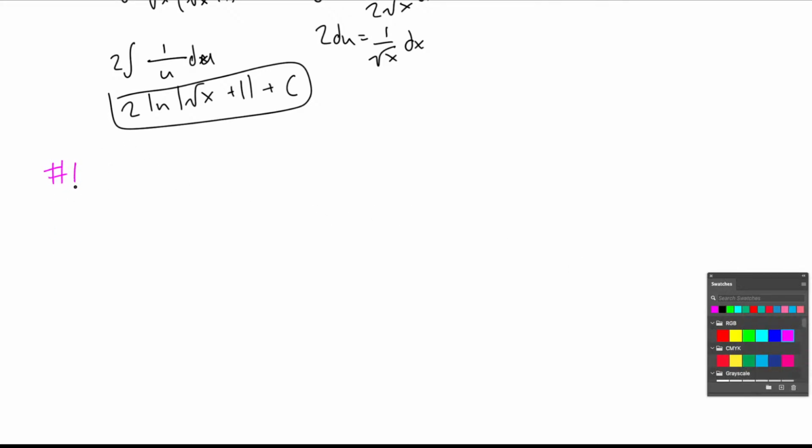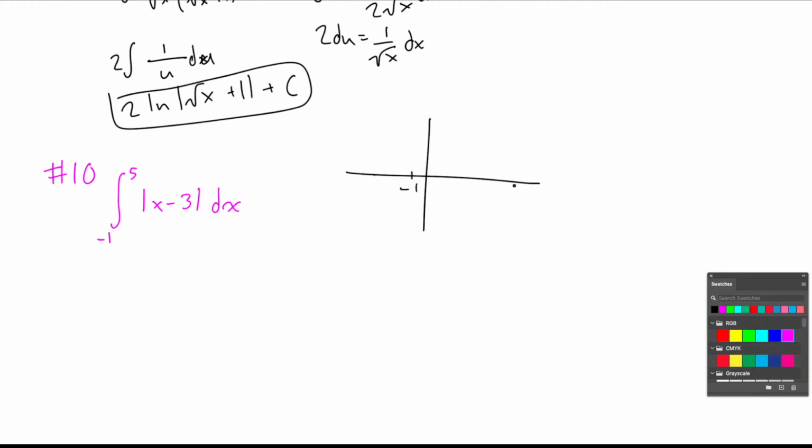Number 10. The integral from -1 to 5 of |x minus 3| dx. So nice. So we have to figure out, because remember, these graphs are kind of funny.